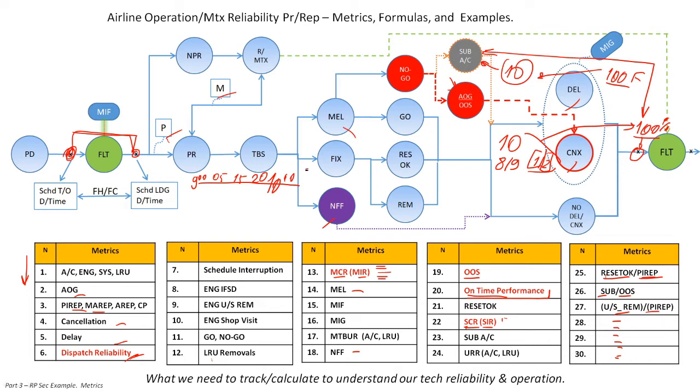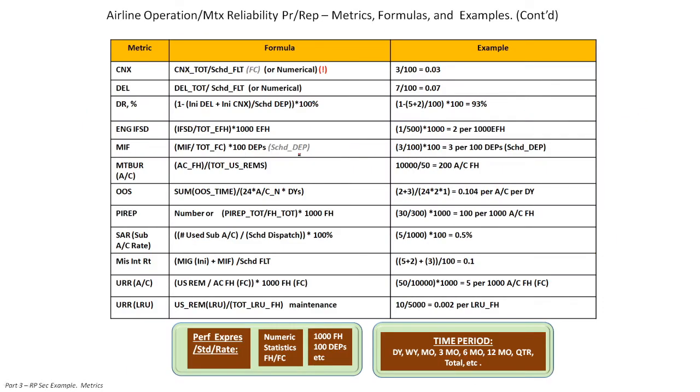What is good for airline A does not automatically mean it is good for airline B. We don't want to include all these MEL removals and troubleshooting in our report or even system. Now let's move to the next slide and see some examples.